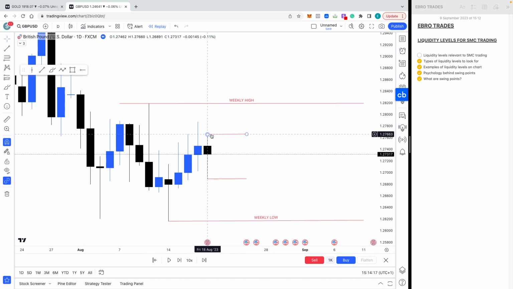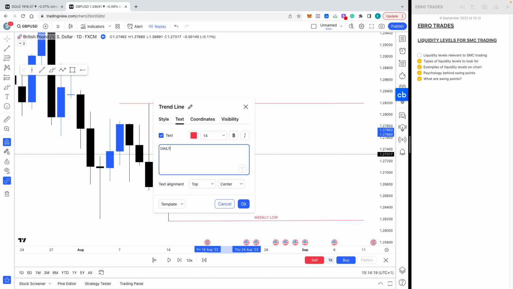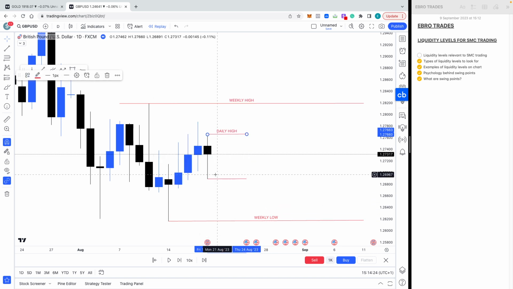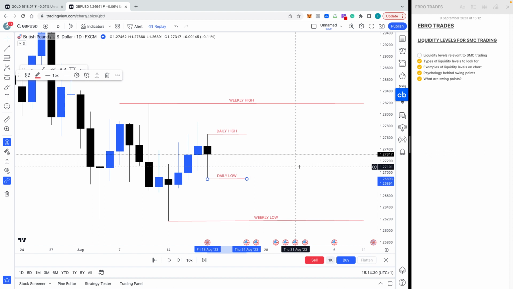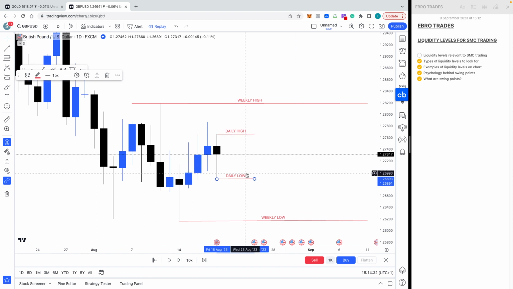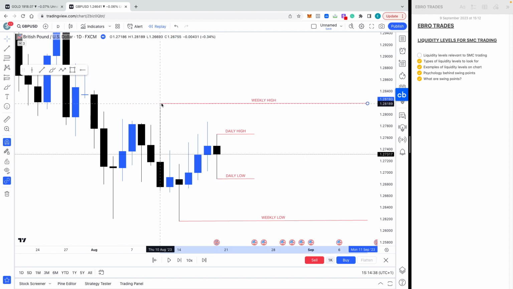So we can label these as daily high. And this would be our daily low. So your previous day high, your previous day low, your weekly high, your weekly low are levels that you would be monitoring quite closely as they are magnets for price action.